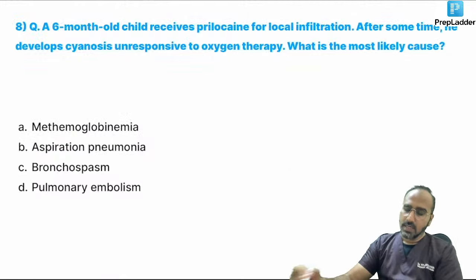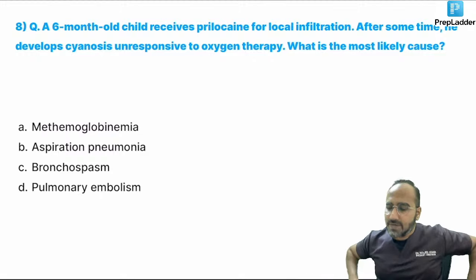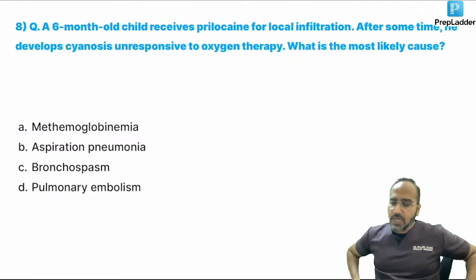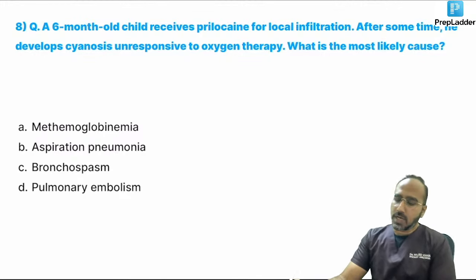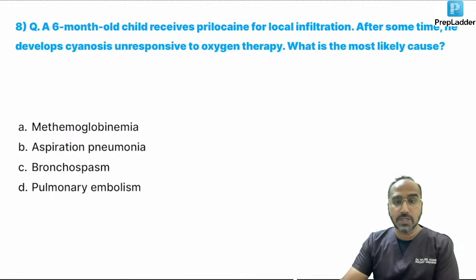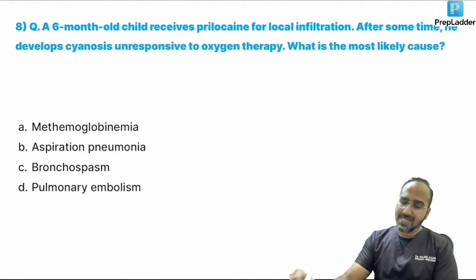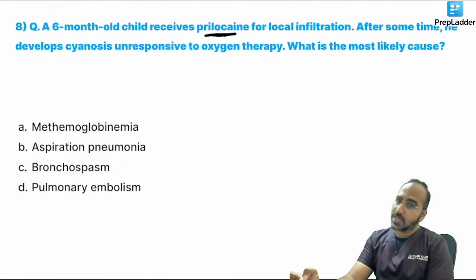Okay. Next, guys. A 6-month-old child receives prilocaine for local infiltration. After some time, he develops cyanosis, unresponsive to oxygen therapy. What is the most likely cause of it? Now guys, what should be the answer for this patient? He has received this local anesthetic called prilocaine, and then he is not responding to oxygen.